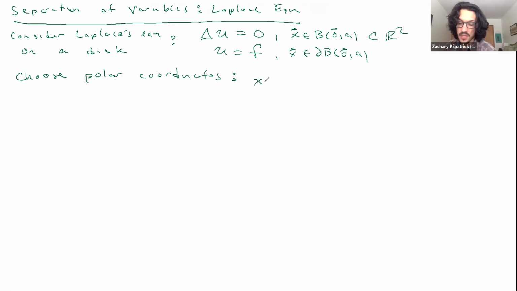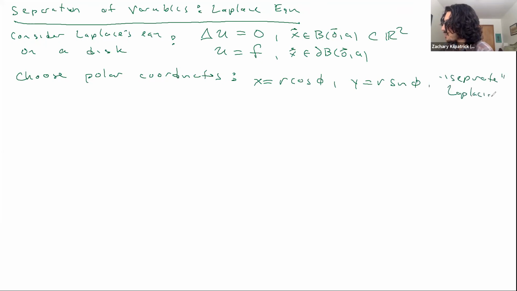So how do we do this? Well, we take r cosine phi and make that x, and r sine phi and we make that y. And we'll separate the Laplacian. Okay.